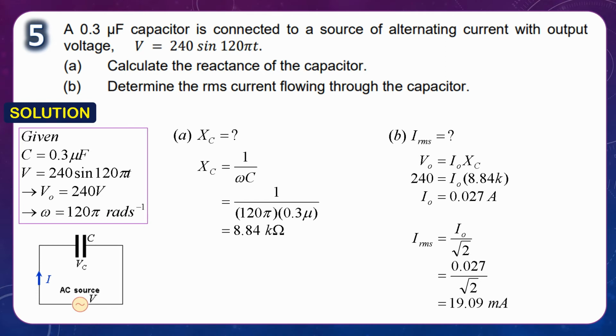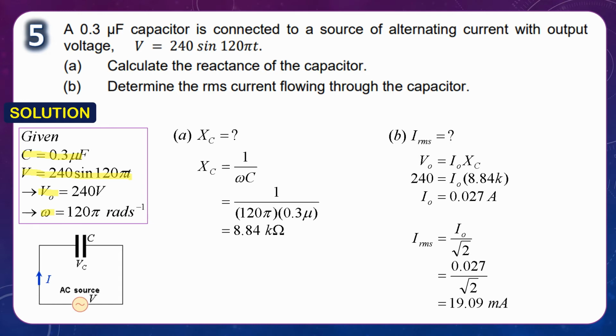Referring to the question, the information given is the capacitance, which is 0.3 microfarad, and from the equation of output voltage, we get the hidden information, which is V naught equal to 240 volt, and the angular frequency equal to 120 pi radian per second.